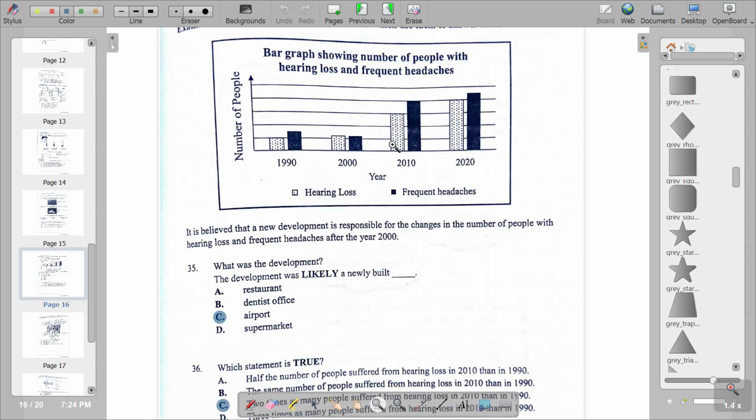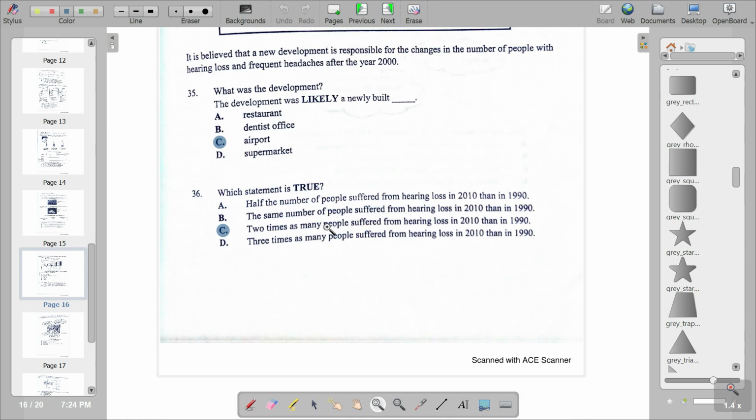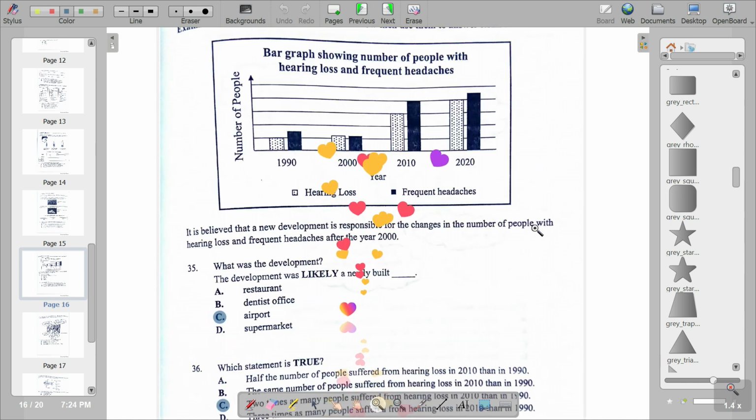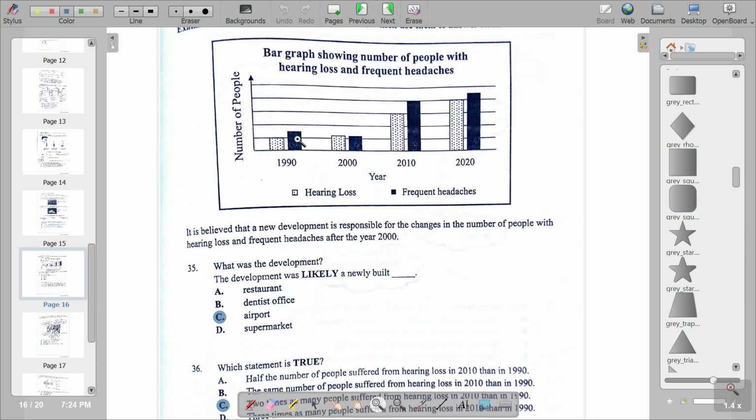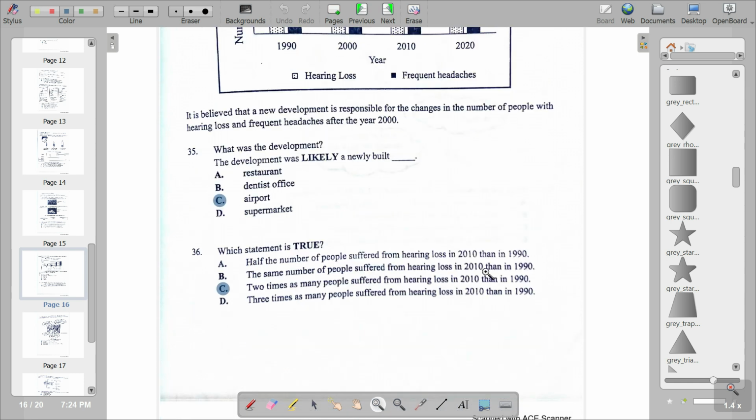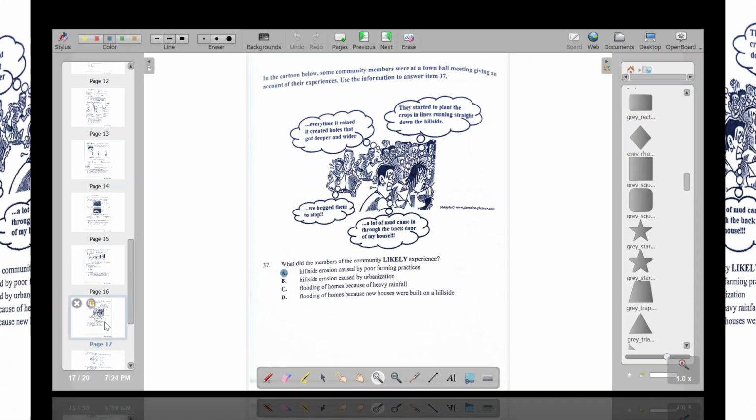That is not right either. Two times as many people suffered from hearing loss in 2010 as in 1990. I chose that one because this is 1990 hearing loss, and in 2010 it's two times more. So I selected that for 36. Almost there.